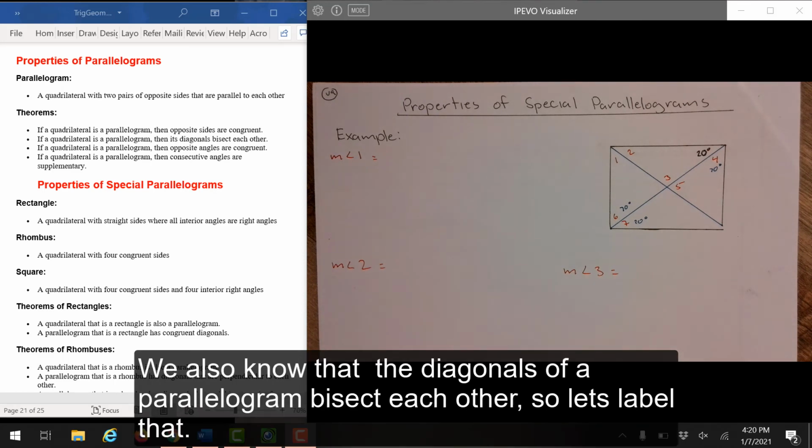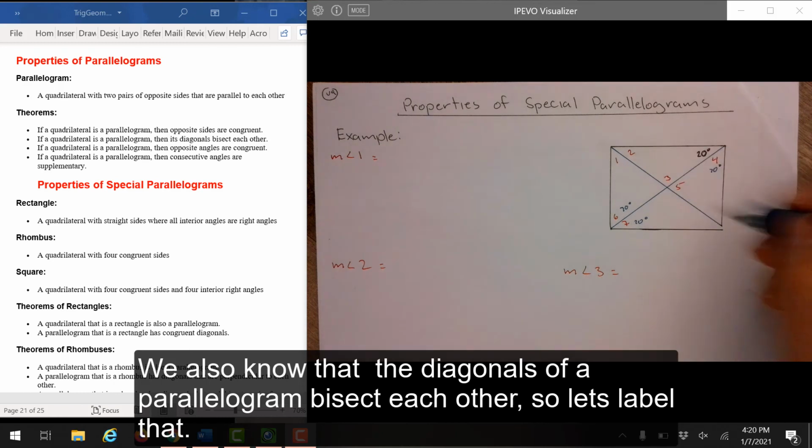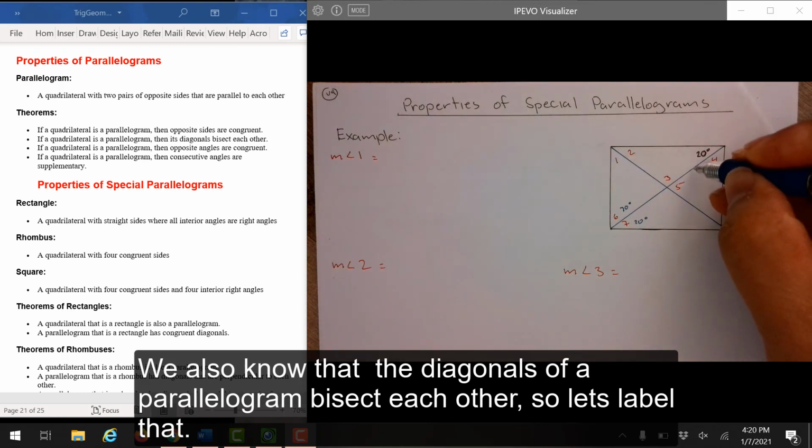We also know that the diagonals of a parallelogram bisect each other, so let's label that.